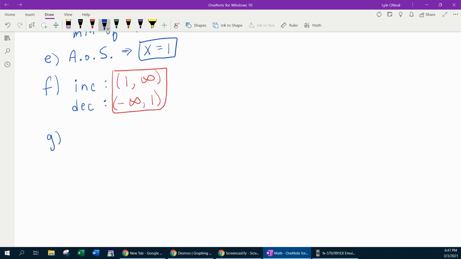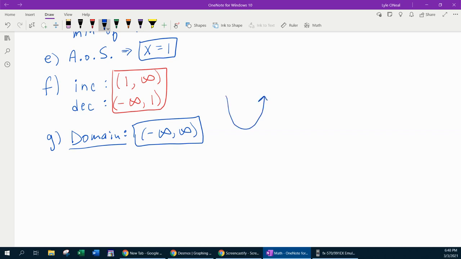Next, part G, I think the next thing that we can find super easy would be the domain and range. Especially the domain of any parabolic function, that's super easy. That's always going to be from negative infinity to infinity. Remember, the domain are the values that x can be. And for a parabolic function like we have, it's going to go to the left forever.